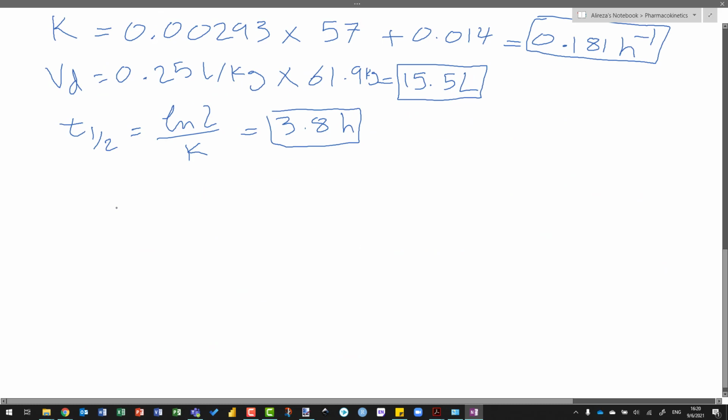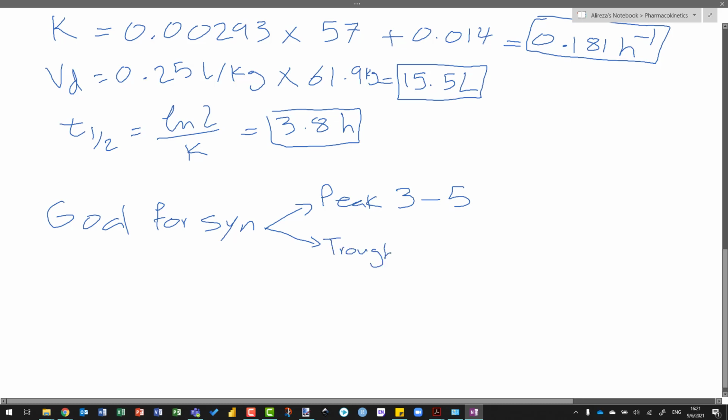Now, before we make any calculations for dose and frequency, make sure that we are using the correct goal for synergy. For synergy, it's recommended to have a peak of 3 to 5, and that's for efficacy, and for safety you want a trough to be less than 2 for gentamicin specifically.